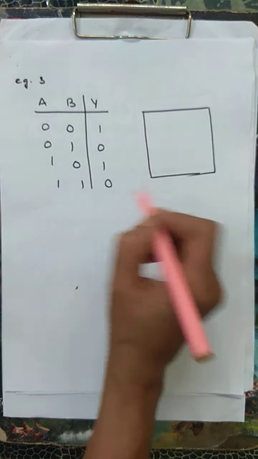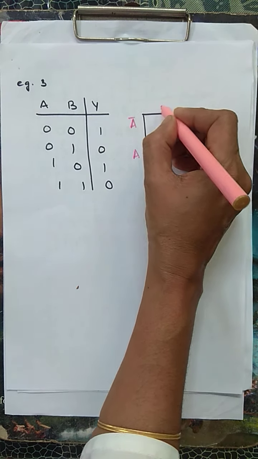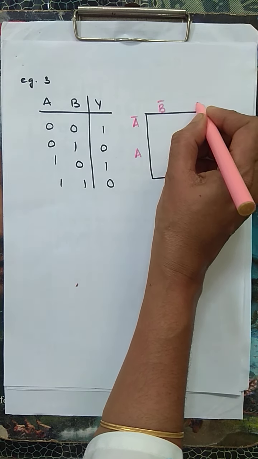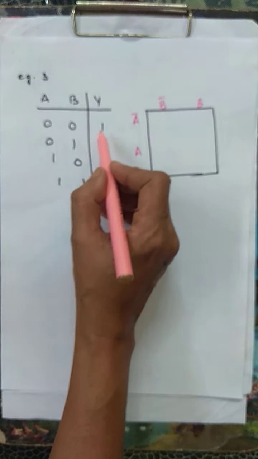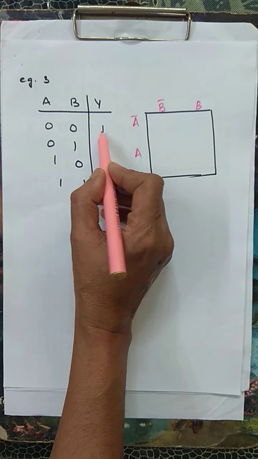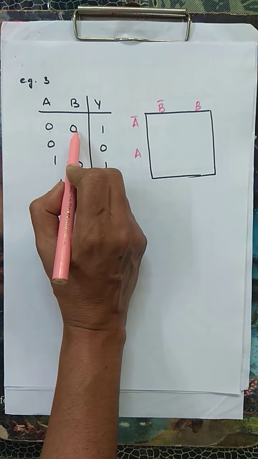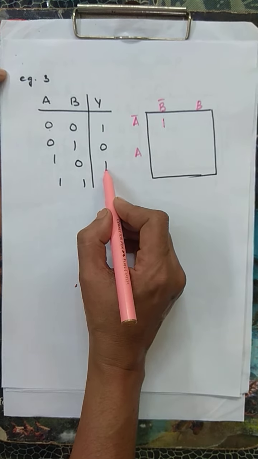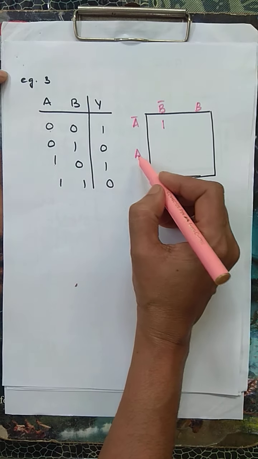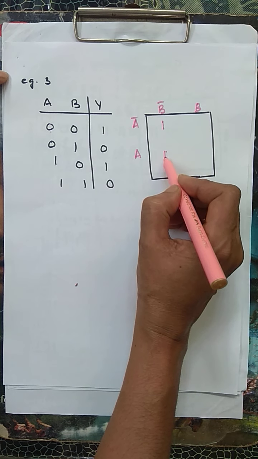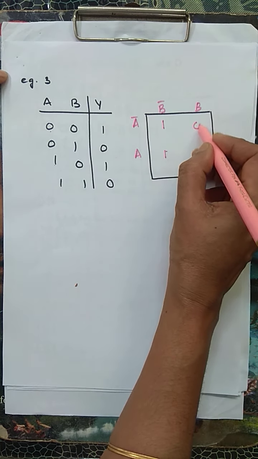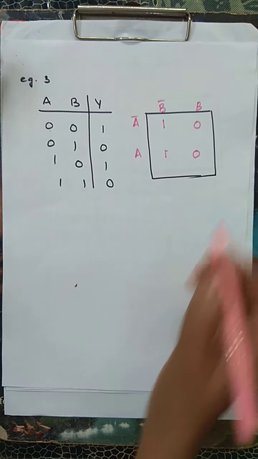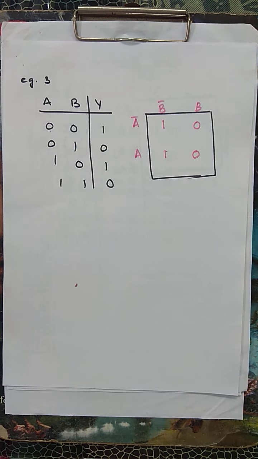This will be A complement, A. Here I can write B complement, B. So I have the output high when the product is A complement B complement. A complement B complement is high. Then the next high is A B complement. A B complement, that is high. All others are 0. So you can simply write it. So it is so easy to construct a Karnaugh map.